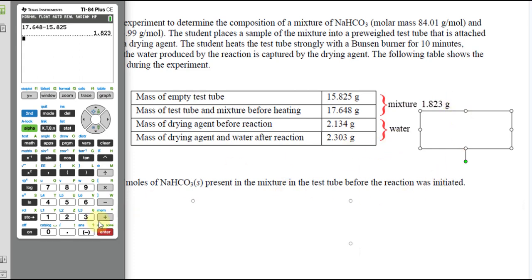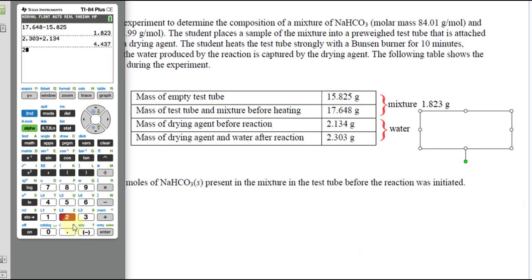Now, the water, same thing, 2.303 minus 2.134, double checking the numbers. Yes, they're there. And we've got our mass of water, error, that didn't make any sense. 4 grams? No, we can't have more water than we had baking soda. So we know this was a mistake.